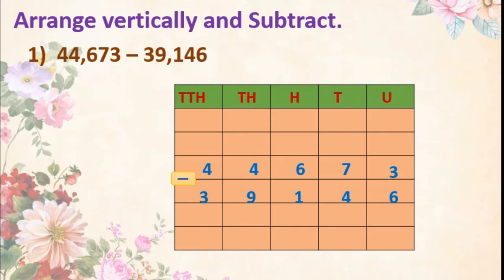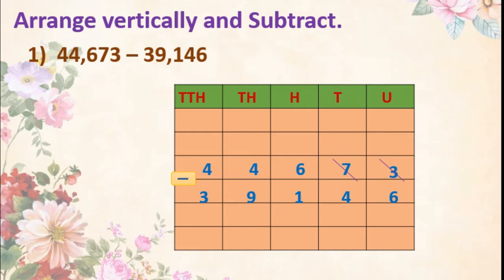Now we will begin our sum. Okay, you know that we always start to solve the sum from unit place. So here in the unit place 3 minus 6 is there. So it is not possible. So what we do? We borrow from the left hand column, that is tens place. In the tens place there are 7 tens. So we untie 7 tens so that in the tens place only 6 will remain and 1 ten is borrowed to units place.